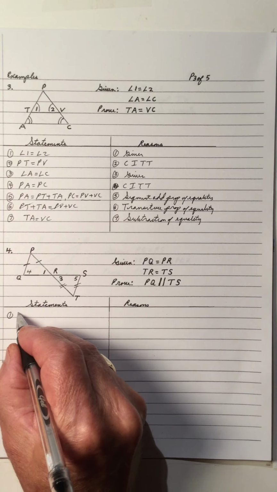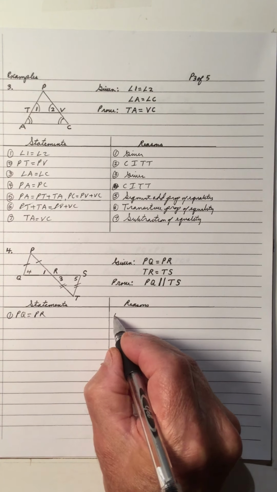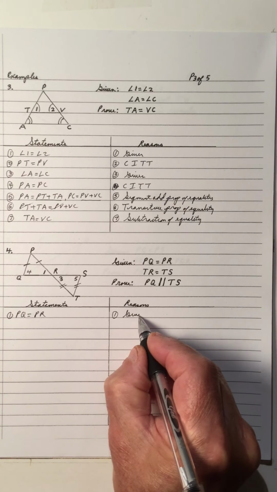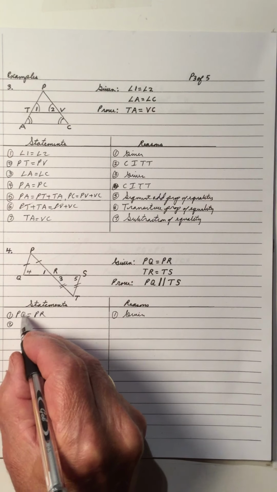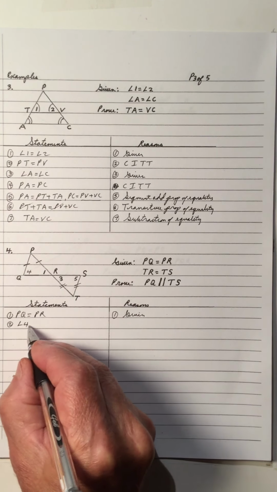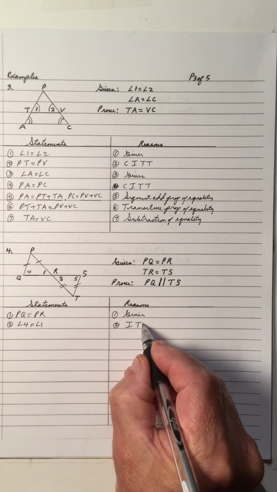So number 1, PQ equals PR, and a given. Now I'm doing the givens separate. I could put the two givens right here, but I'm doing one of them to get to one pair of angles, and that's the ITT.